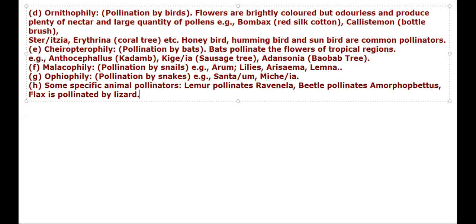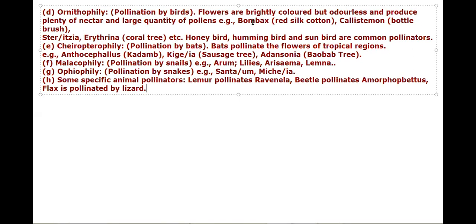that it is bat. In your ornithophily, Bombax, you know, this is called simultula in Odia. Its flower will produce a beautiful fruit and that produces silk cotton. Nowadays these are big trees, and the fruit is cylindrical. It produces orange flowers, and when the fruit is ripe it bursts and there is cotton.